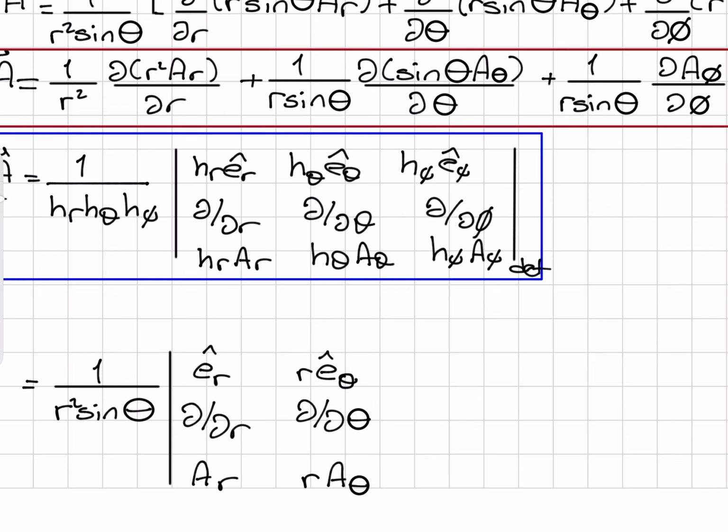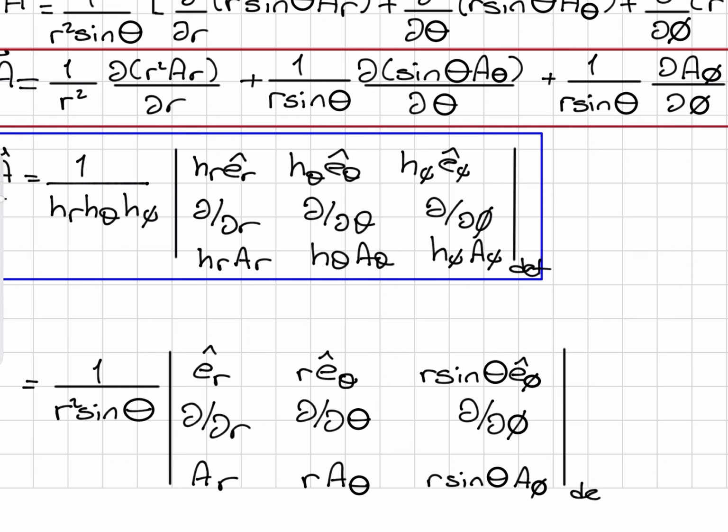Then I have H_phi e_phi hat, which is r sin theta e_phi hat, ∂/∂phi, and r sin theta A_phi.